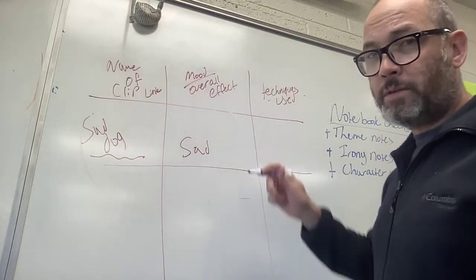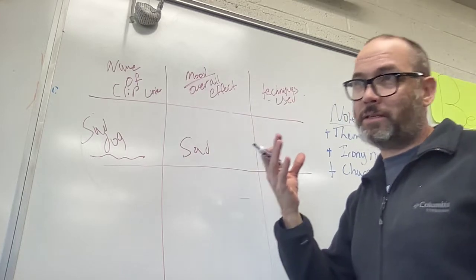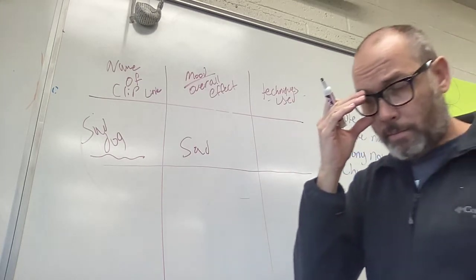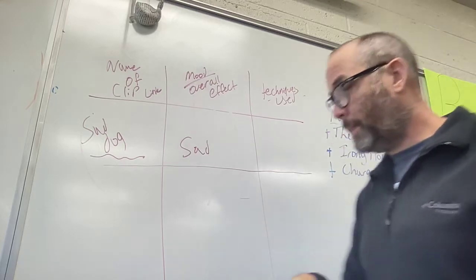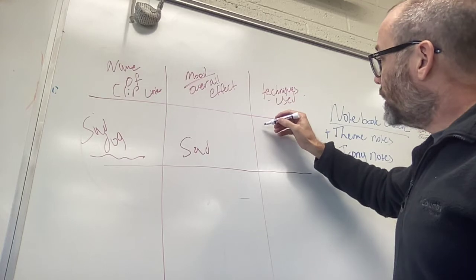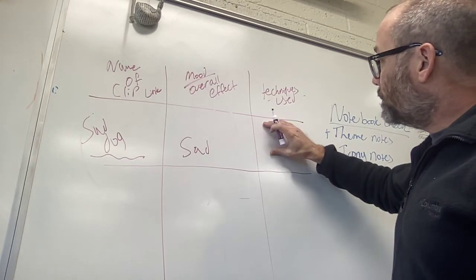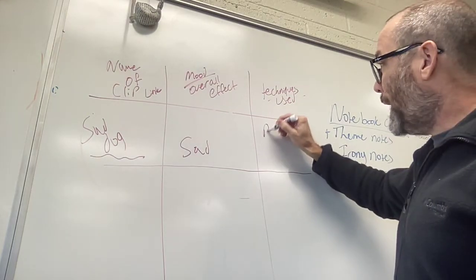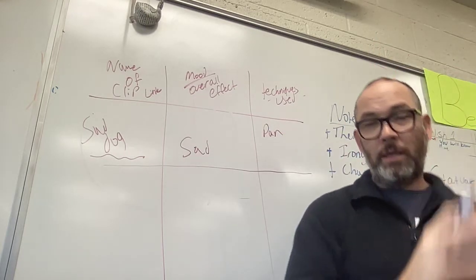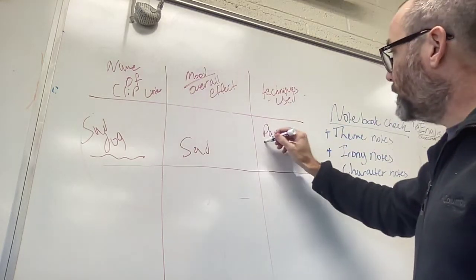All right, effects used. This ad definitely has had an effect on me, as you can tell. I'm a dog guy, so I really hate seeing sad dogs. They pan the camera across all the sad puppies. They do a zoom in.